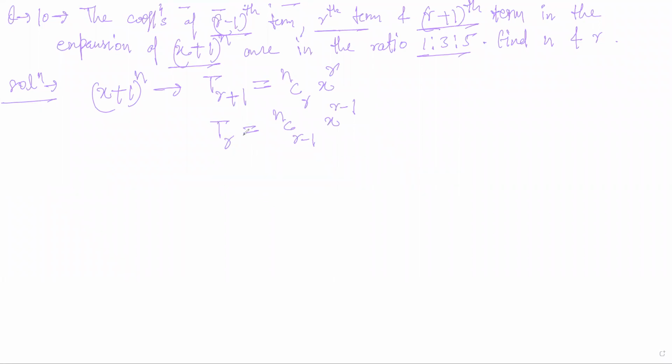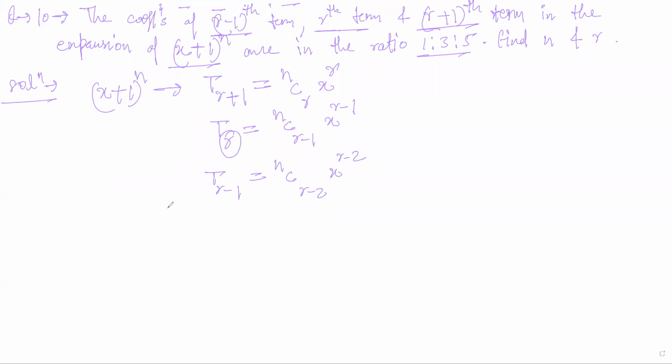Because to get Rth term, the power should be 1 lesser than the term number. And if you want to find out R minus 1th term, then this should be NCR minus 2 x to the power R minus 2.